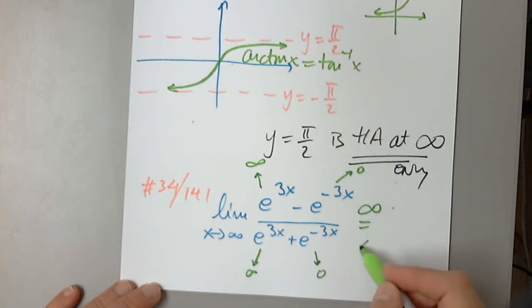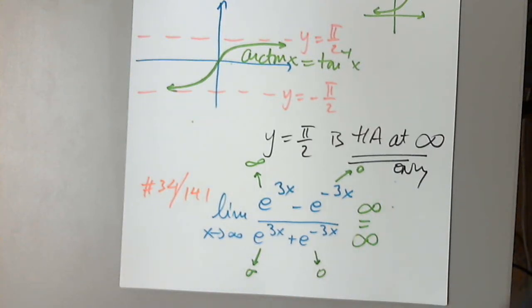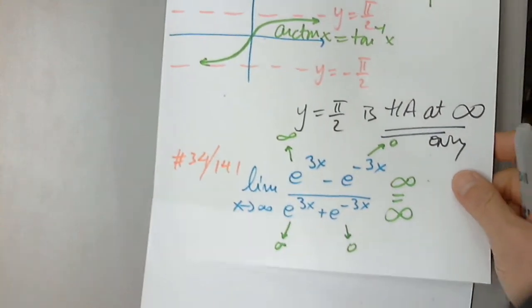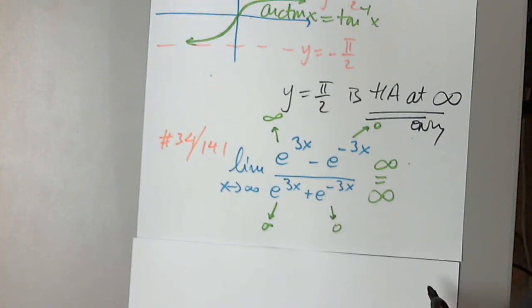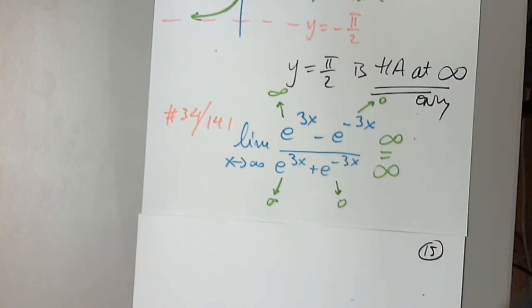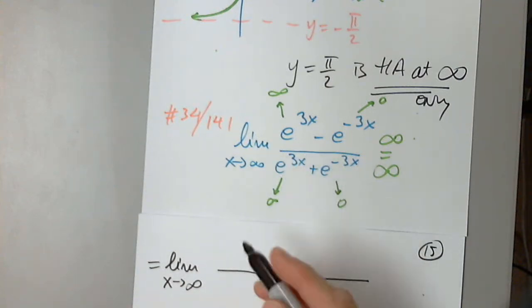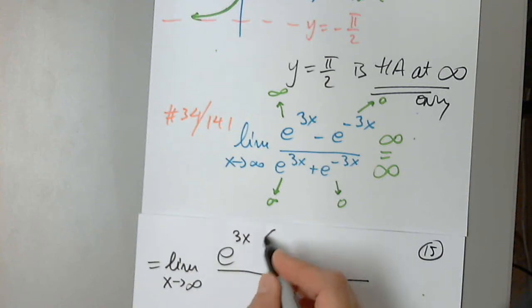So the problem, again, is we encounter the same situation in which we have an indeterminate case, infinity over infinity, and no one has a clue. Okay, so I will factor out the largest of the two, which is e to 3x.